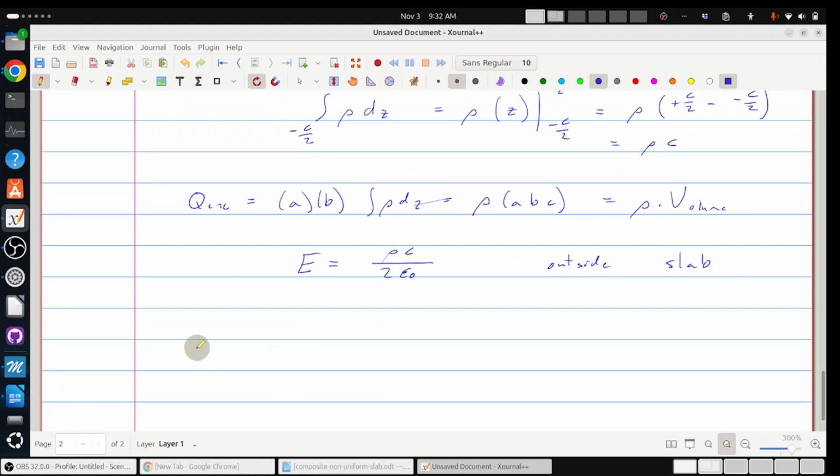But then if I'm going inside the slab, I only care about the charge inside, and so that's going to go from minus z to plus z, where z is less than c over 2.